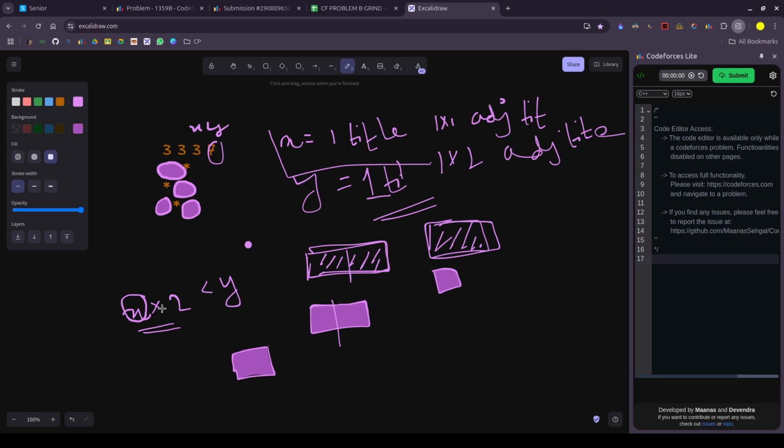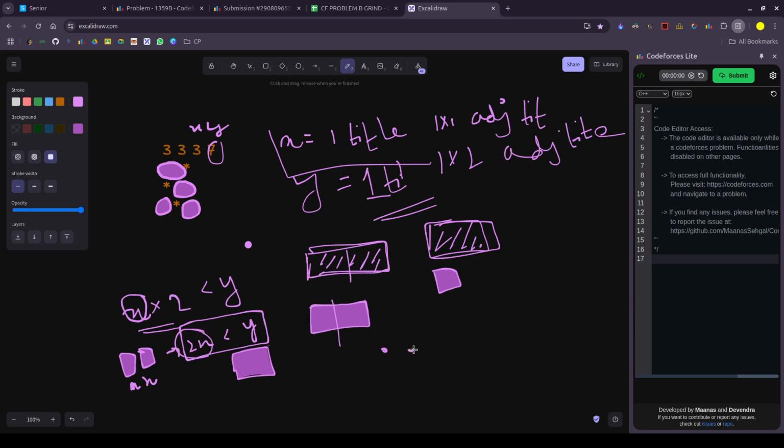If we cover two cells with two single tiles, that is x and x, which is 2x, and 2x is less than y, then it is cheaper, so we will always pick x two times.